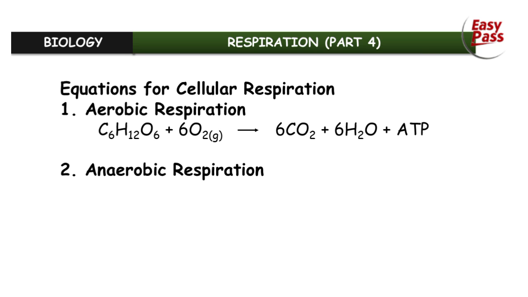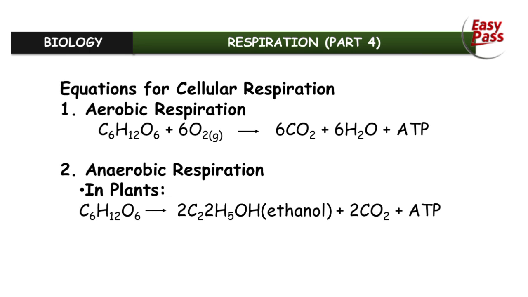So we have two versions of this. In plants, ethanol will be formed: C2H5OH plus CO2 plus ATP.